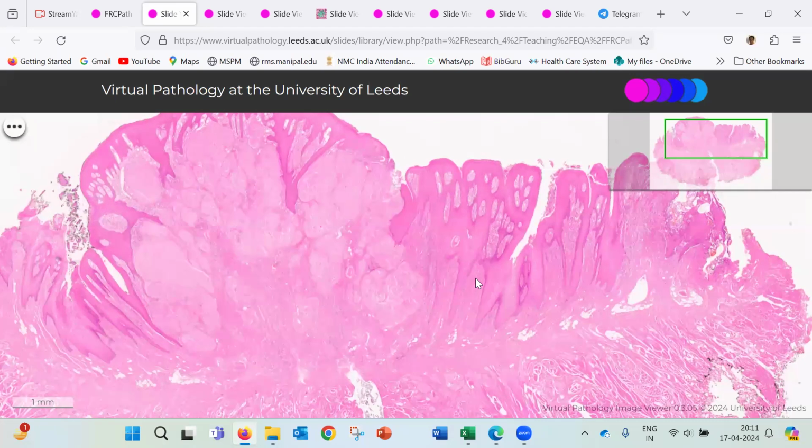It should give an apple green birefringence, and not to forget electron microscopy, that it will show randomly distributed fibrils of 7.5 to 12 nanometers. These are the two golden points you should not miss. And apart from that, you should refer this amyloid case to the National Amyloid Center. So these are the three blanket statements you must remember.